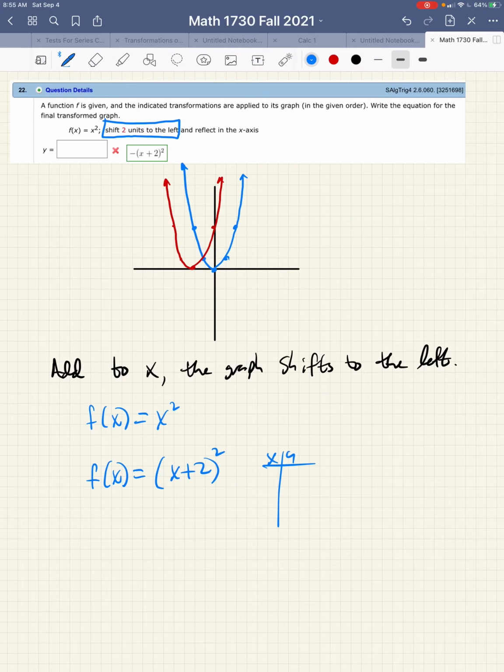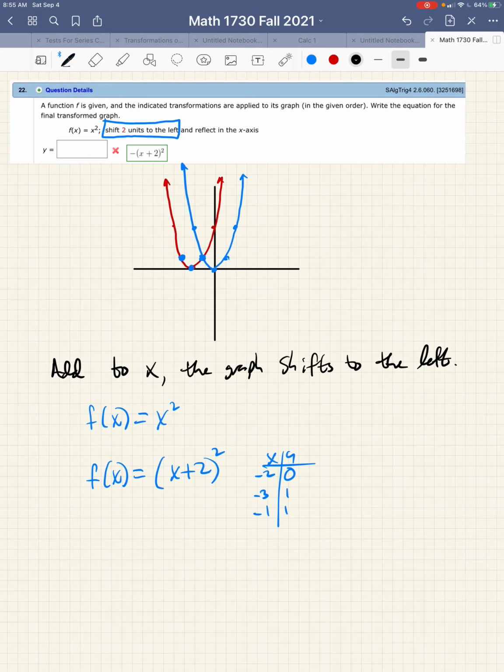For instance, if I plug negative 2 in for x, the result for y would be 0. If I plug negative 3 in for x, the result for y would be 1. If I plug negative 1 in for x, the result for y would be 1. And that corresponds to these points on the red graph.